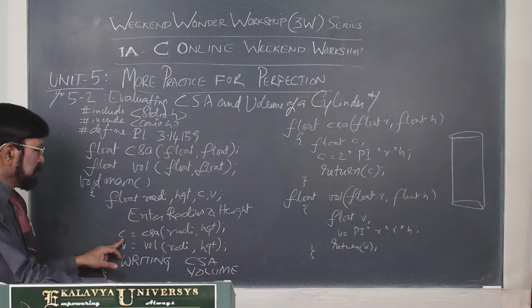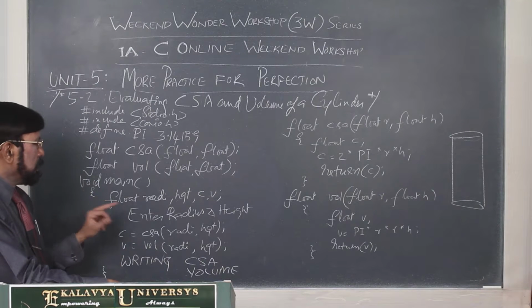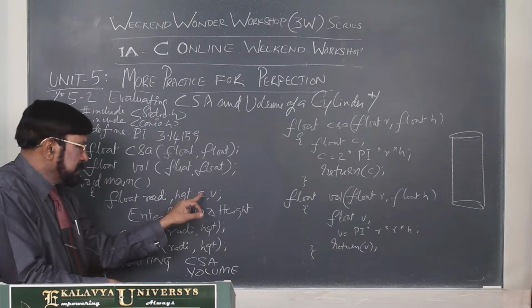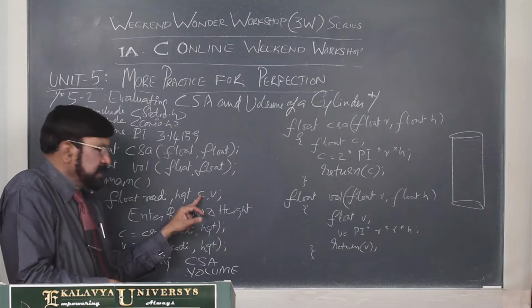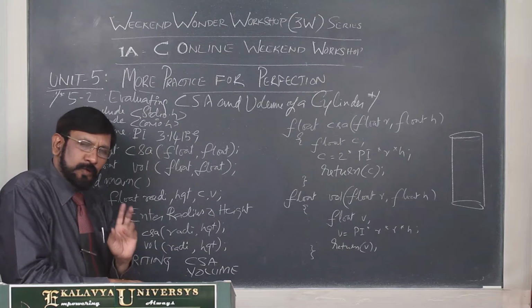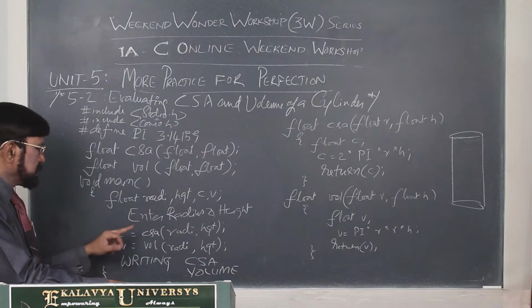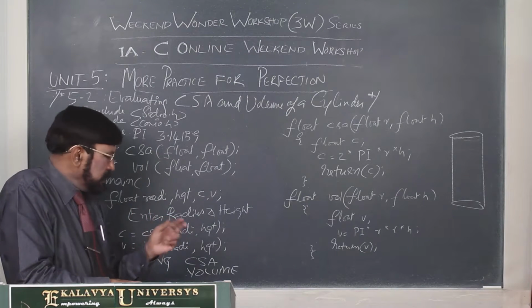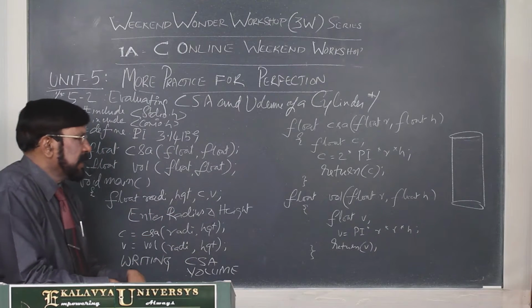Now here, radius, height, C and V. C is meant for storing CSA, V is meant for storing volume. C is equal to CSA of radius, height. I am passing two arguments, radius and height.